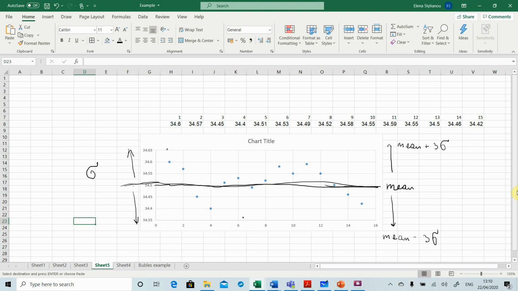So these 6 sigmas give us the spread of the material.